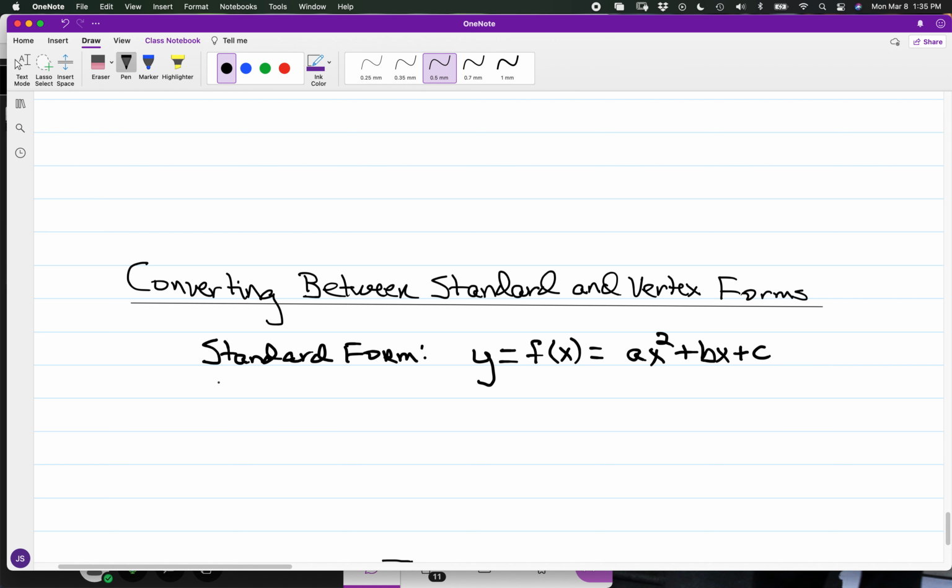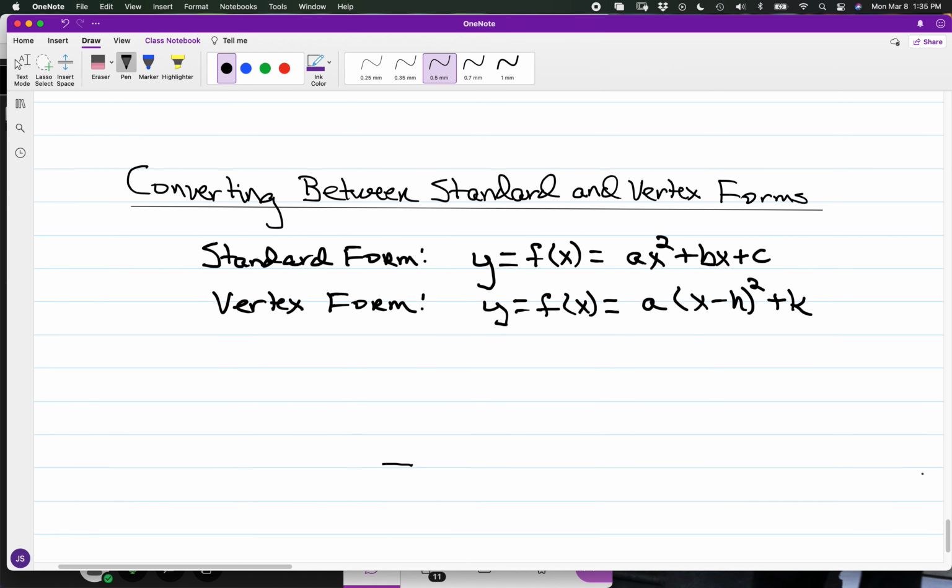And with the vertex form, again, we have y is equal to f of x, that's equal to a times the square of x minus h, followed by k. The a is the same, but now I'm switching from expressions with the coefficients b and c to those with the letters h and k.